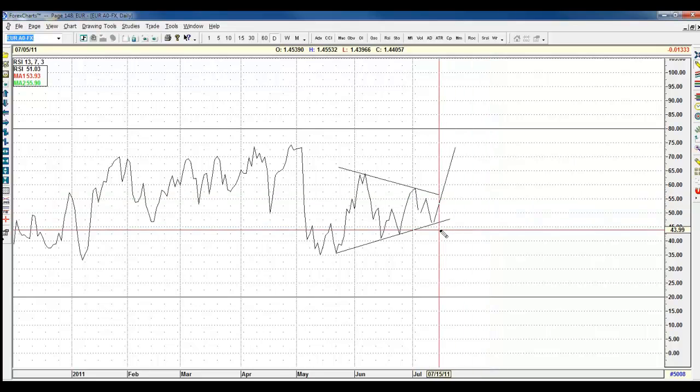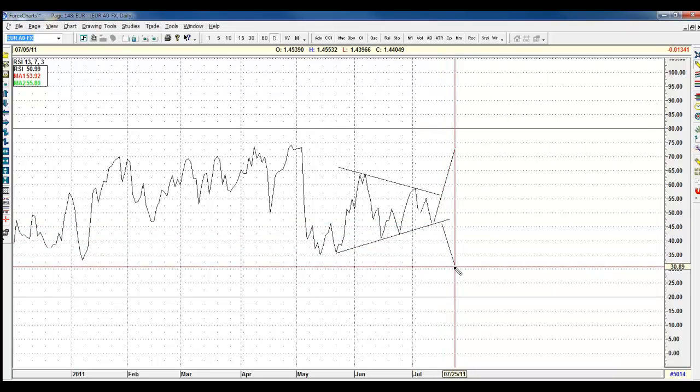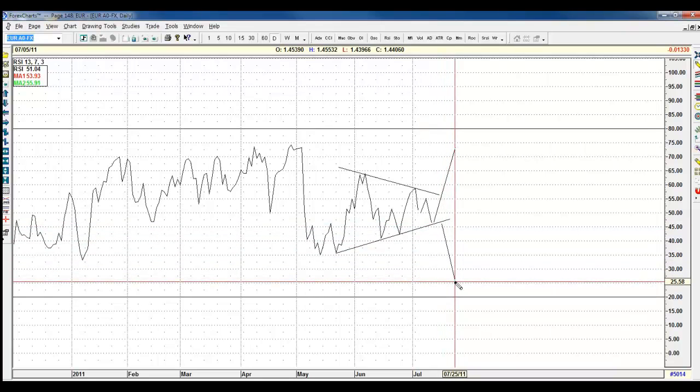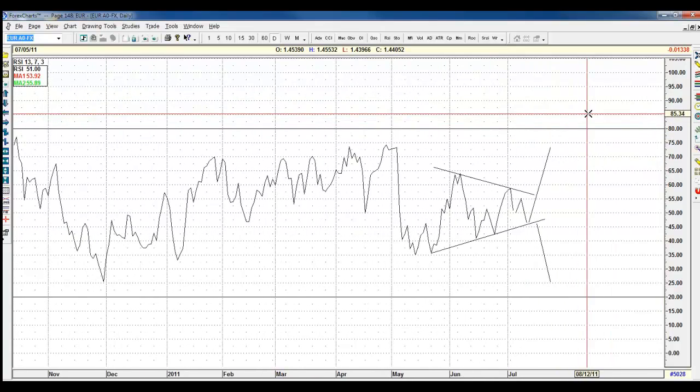Now, a breaking of this uptrend line in the RSI on the dailies is going to be a sign of weakness in the euro, and then that's going to take the euro to around 138, and that's going to be the second scenario that we've been talking about.